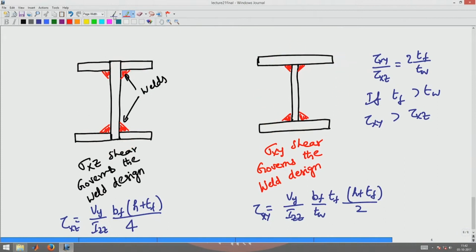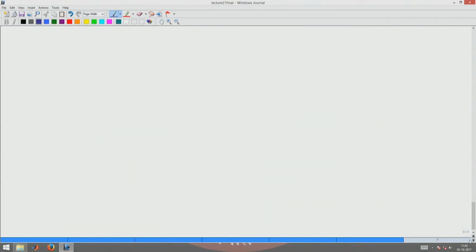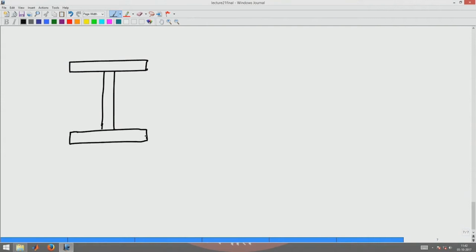Now, let us say I am not interested in welding it, but I am interested in nailing this I section. Like this, I am going to build up an I section from wood instead of steel. And I have a nail which goes through like this.